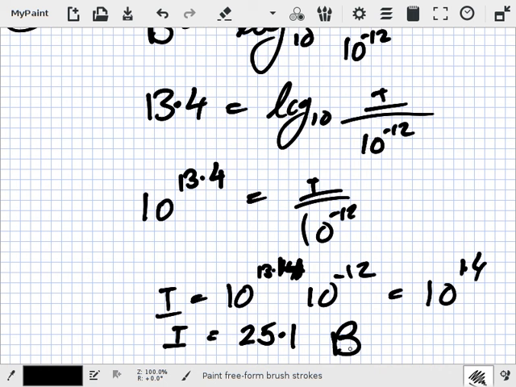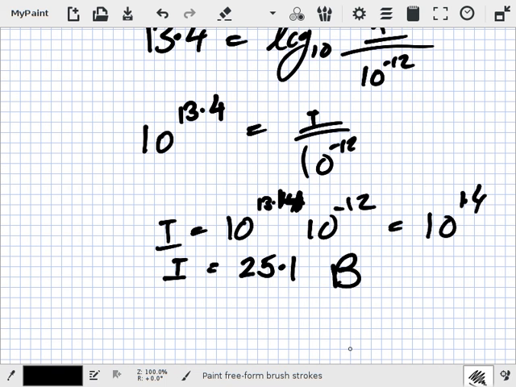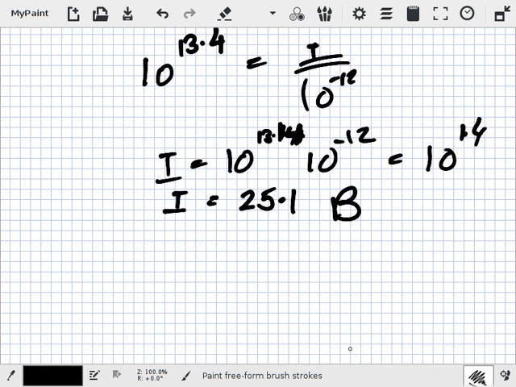Yeah, okay. Number 6 now, number 6 is a bit harder. Did I say anything about rounding off? No. Okay, I should really have 25.1, yeah? Okay.